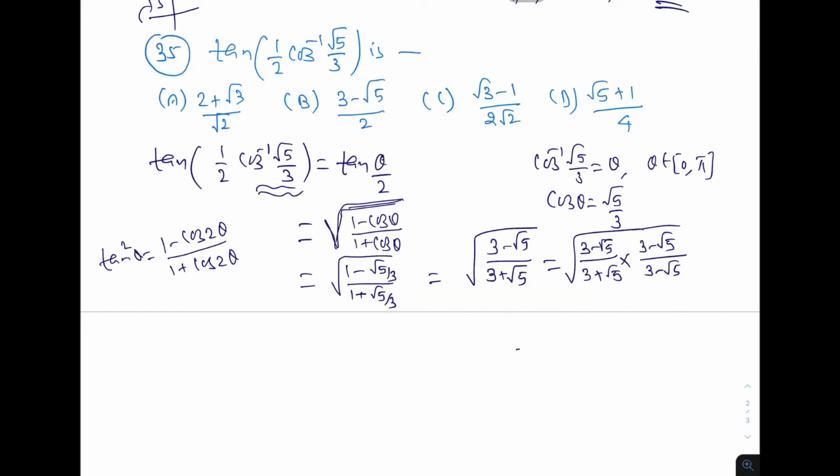So this is equal to 3 minus root 5 its square, divided by 9 minus 5. Okay.